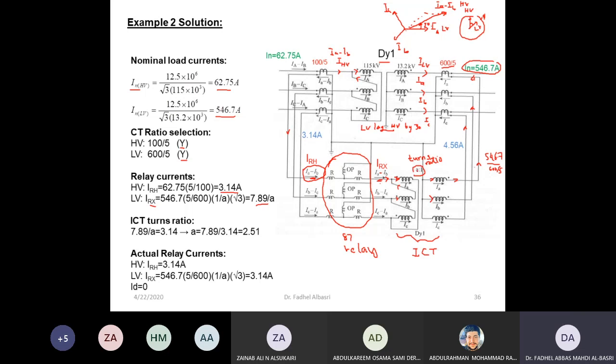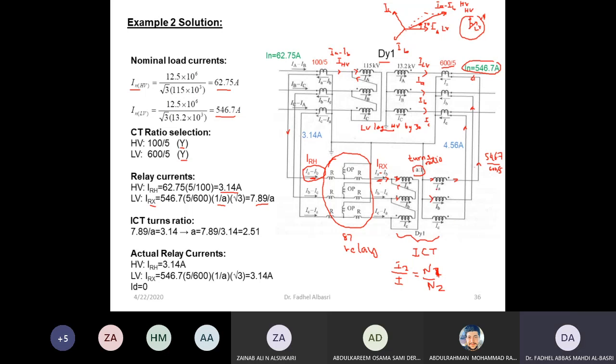Okay, so the ratio is unknown here. Because this is a turns ratio, I'll multiply by 1 over A. Like we know that in a transformer I2 over I1 equals N1 over N2.